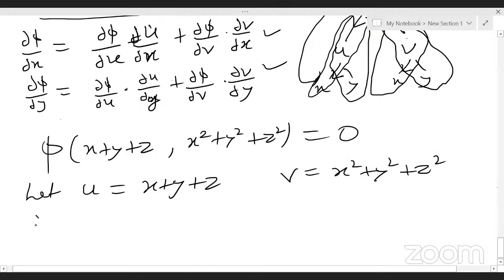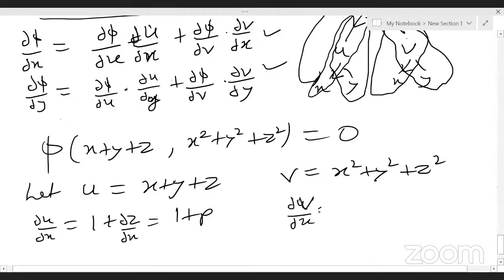Then del u by del x is the differentiation of x, which is 1, differentiation of y is 0 with respect to x, and del z by del x, which is p. This means 1 plus p. Similarly, del v by del x will be 2x, plus 0, plus 2z into del z by del x. So you can take 2 common and write x plus pz.